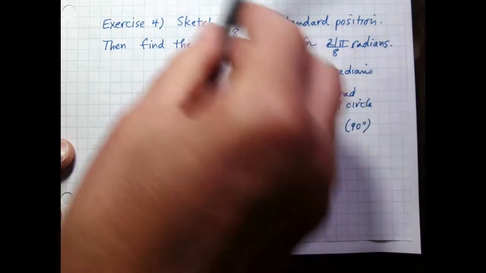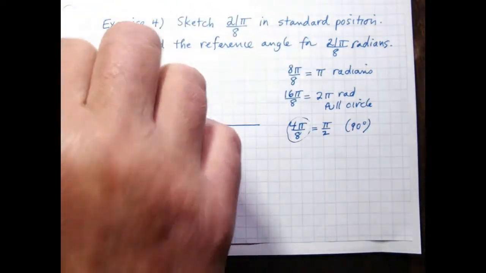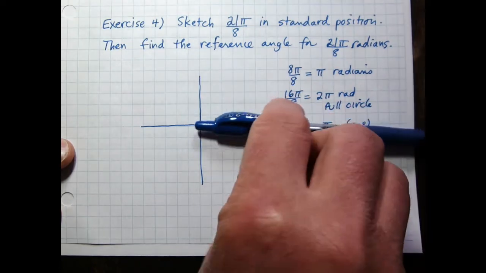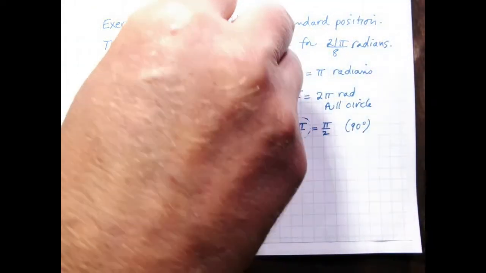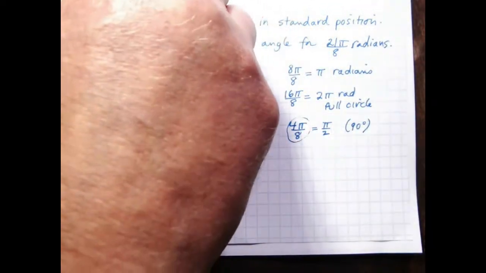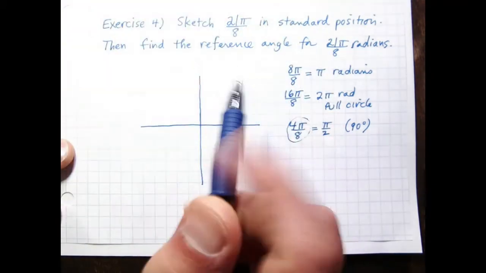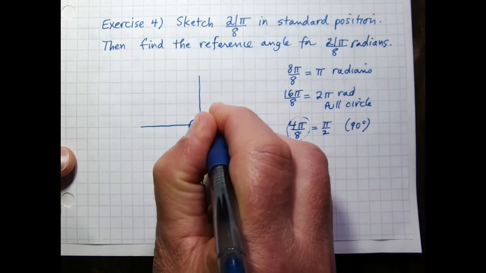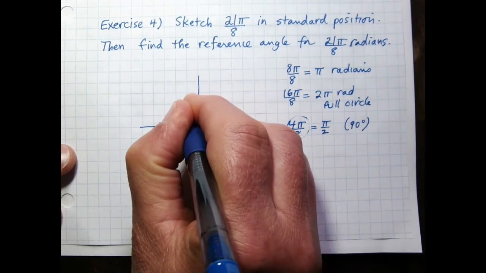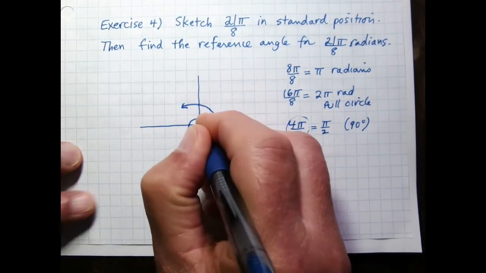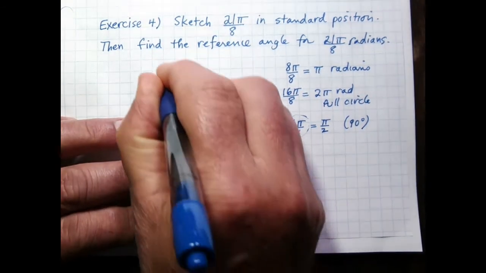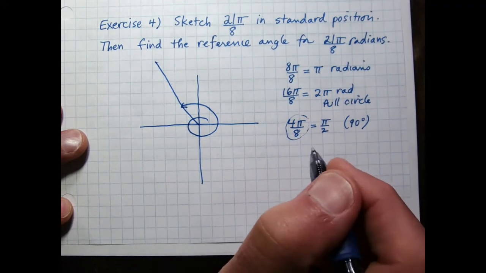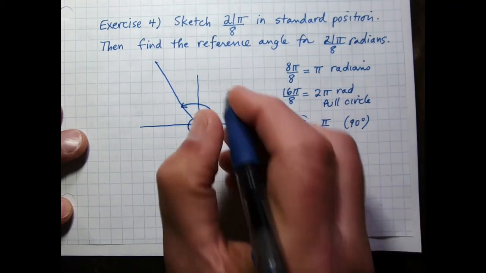So 4 pi over 8, 8 pi over 8, 12 pi over 8, 16 pi over 8, 17, 18, 19, 20 pi over 8. 21 pi over 8 is going to be a little bit more than full circle, 90 degrees more, and a little bit more than that. I don't have to draw it perfectly. I just want to make sure I get my quadrant right. There's 21 pi over 8.